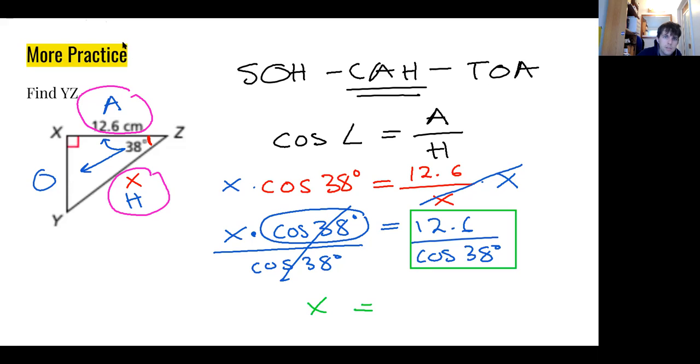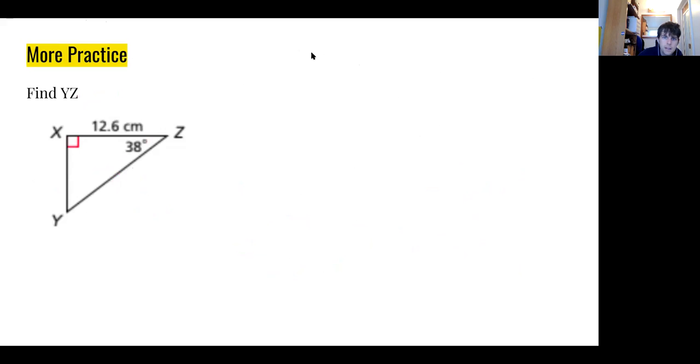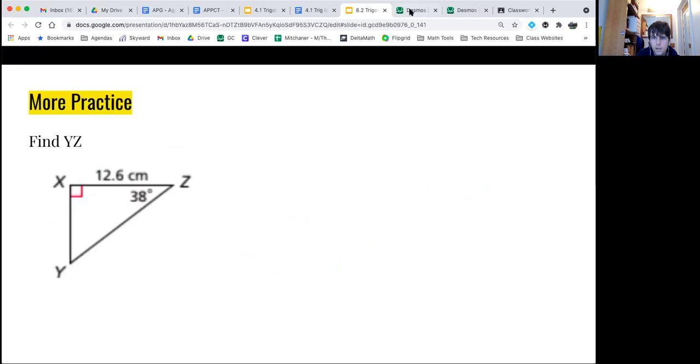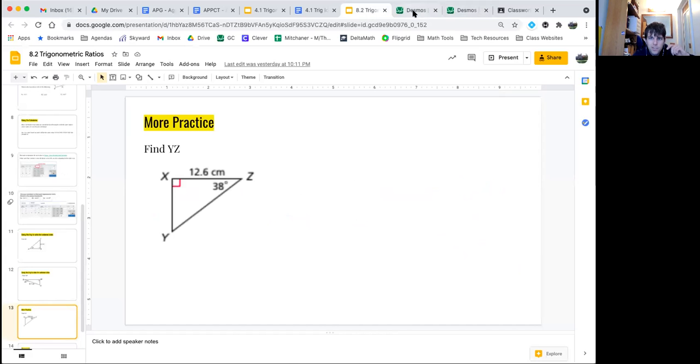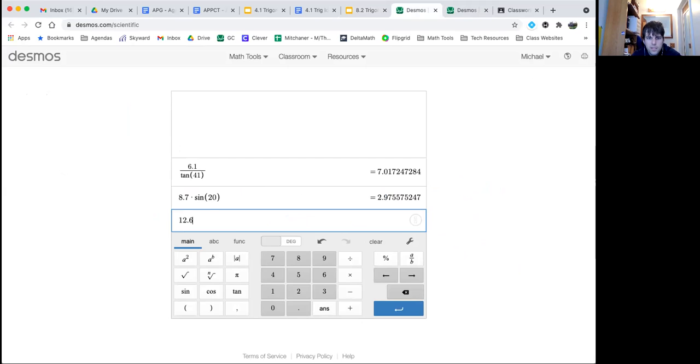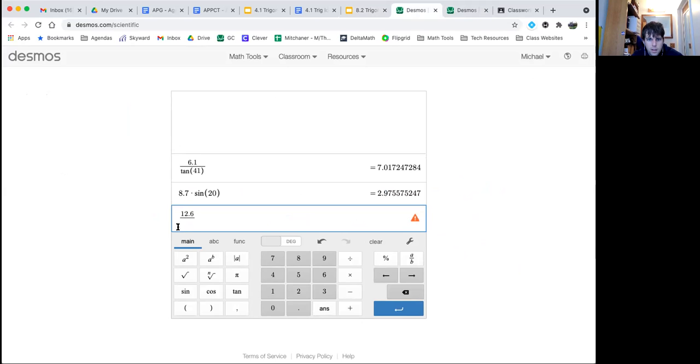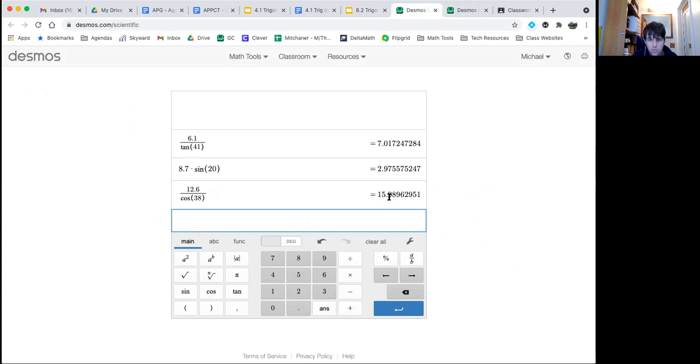So we have to go back to Desmos. Let me clear this and go back. I actually forgot what it was. 12.6, okay. 12.6 divided by cosine 38. And there we go, enter. So we got 15.989.